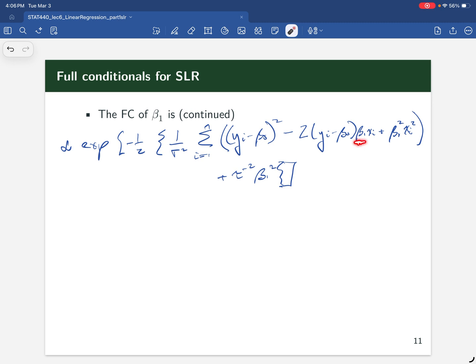This term has a beta 1 to the first power, and both these terms have a beta 1 squared. So I'm going to order things where I've got the beta 1 squareds in the front, the term with beta 1 in the middle, and the term that doesn't have a beta 1 at the end.